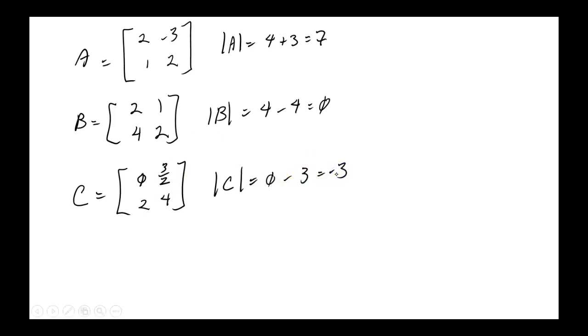Now, things to note here. Determinants may be positive, they may be negative, they may be zero, they may be fractions. We didn't have one that was a fraction, but it could easily be. They could be rational, they could be irrational, they could be any real number. Most of the time, most of our determinants, hopefully, will be integers.